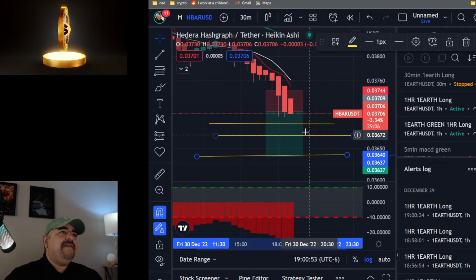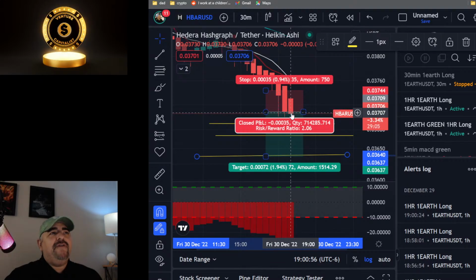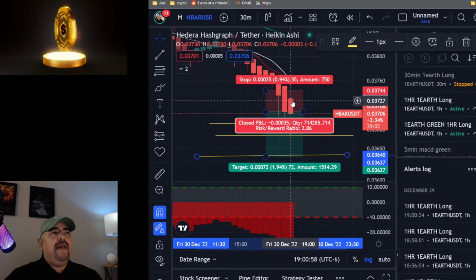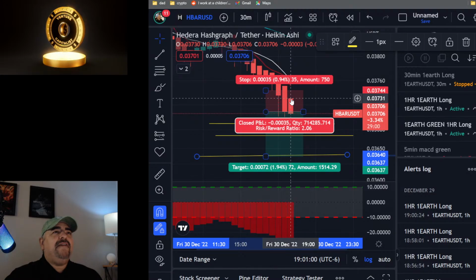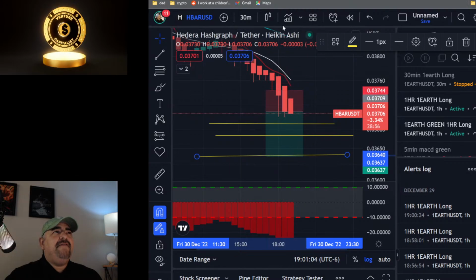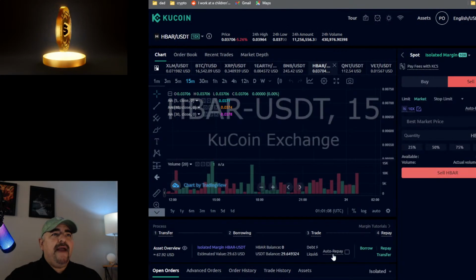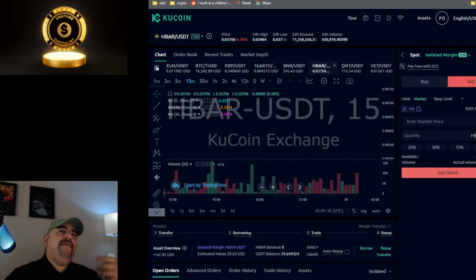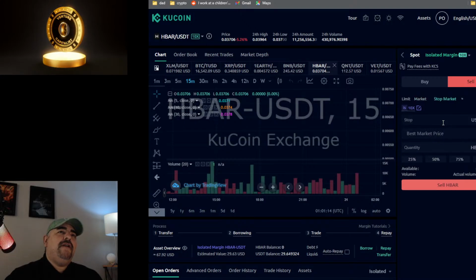Now, to set my stop losses, I look at the bottom of the candle that I entered, which is here, right? And I'm going to put my stop loss at 0.0373. So 0373. I go back here. Since I'm selling and starting the short, I need to buy back the crypto coin at a lower level.